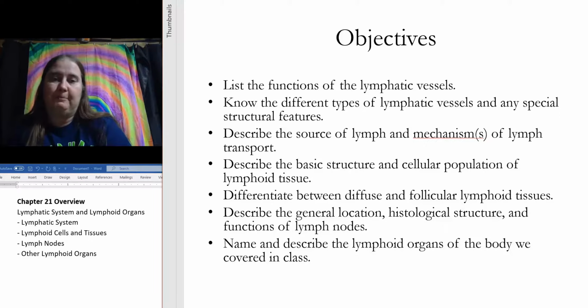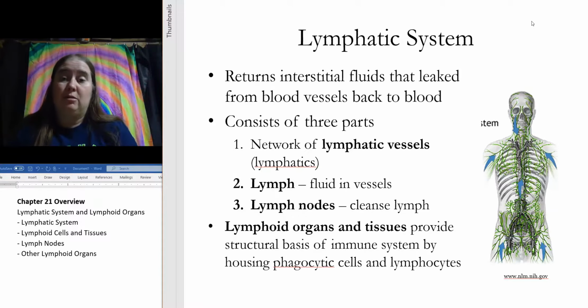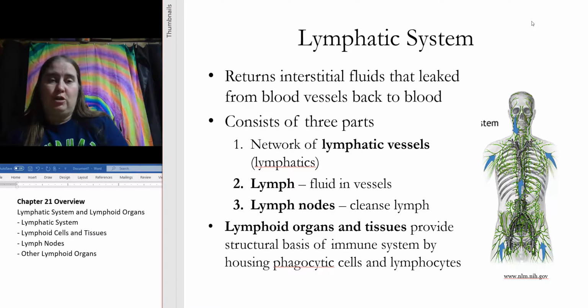this chapter. So when we talk about the lymphatic system, two weeks ago we finished talking about blood vessels, and we talked about that notion of bulk flow. We have those arterioles that come in, and we have our capillaries, and we talked about the bulk flow out movement on the arterial end, and the bulk flow inward movement on the venous end.